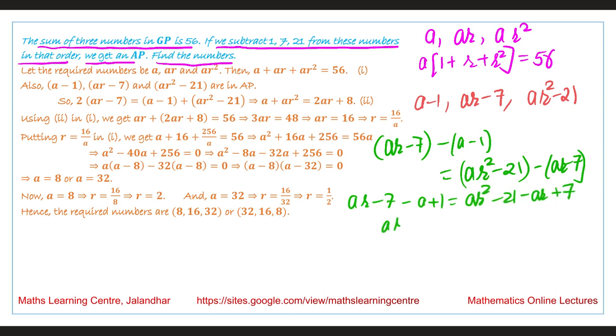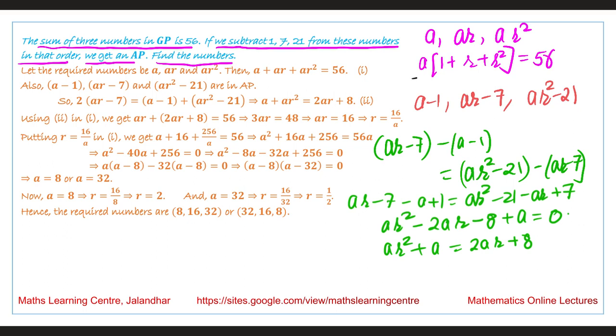So we get AR square minus 2AR minus 8 plus A is equal to 0. So we have AR square plus A is equal to 2AR plus 8.